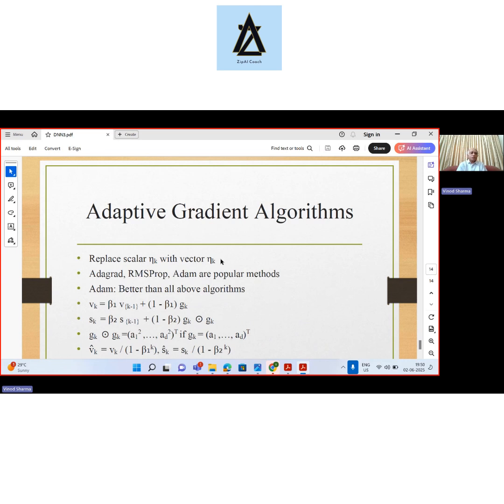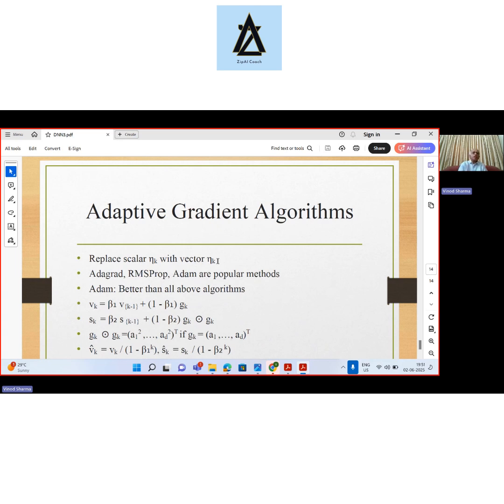And there are advantages of doing that, because if we take scalar eta k, then in wk, you are writing wk is equal to wk minus 1 minus eta times gradient. So the change in wk for all components is happening at the same rate.